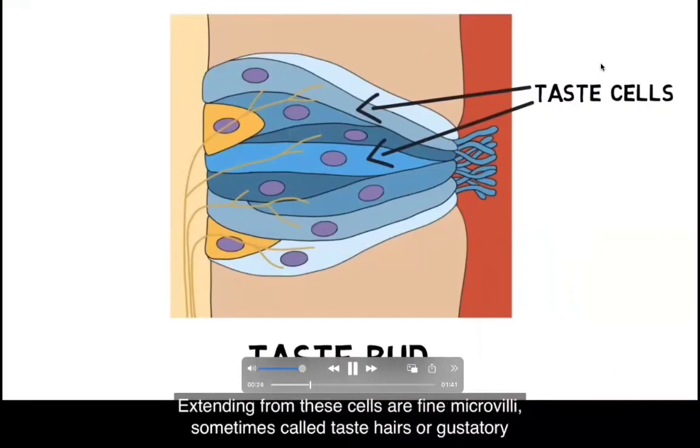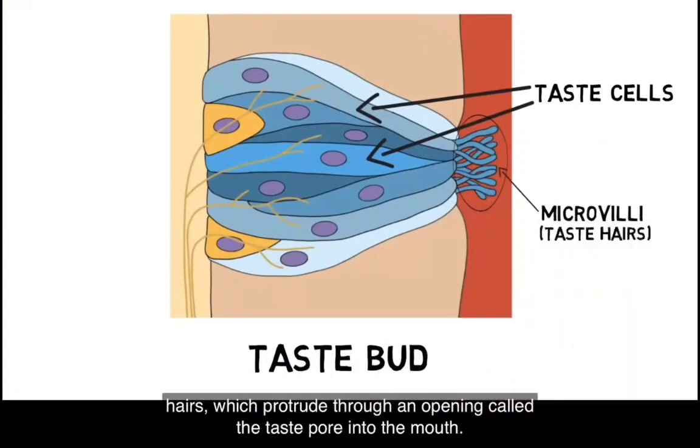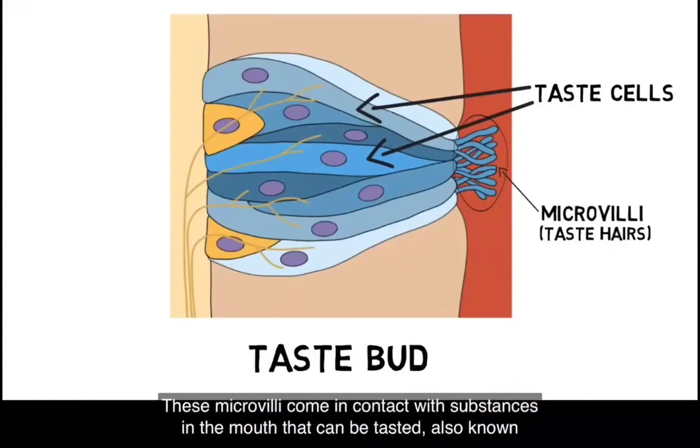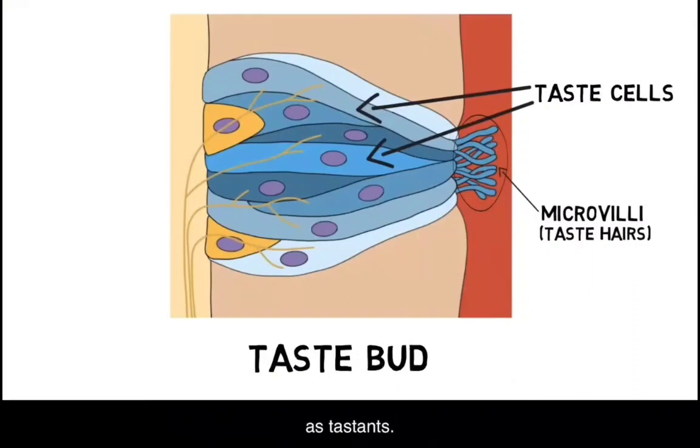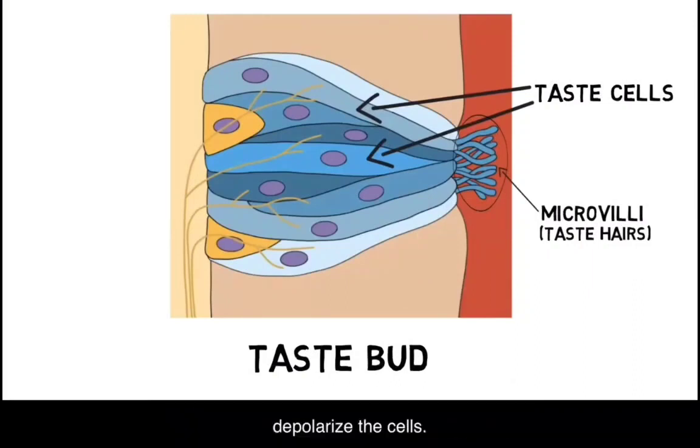Extending from these cells are fine microvilli, sometimes called taste hairs or gustatory hairs, which protrude through an opening called the taste pore into the mouth. These microvilli come in contact with substances in the mouth that can be tasted, also known as tastins. Tastins interact with taste receptor cells through a number of different mechanisms to depolarize the cells.